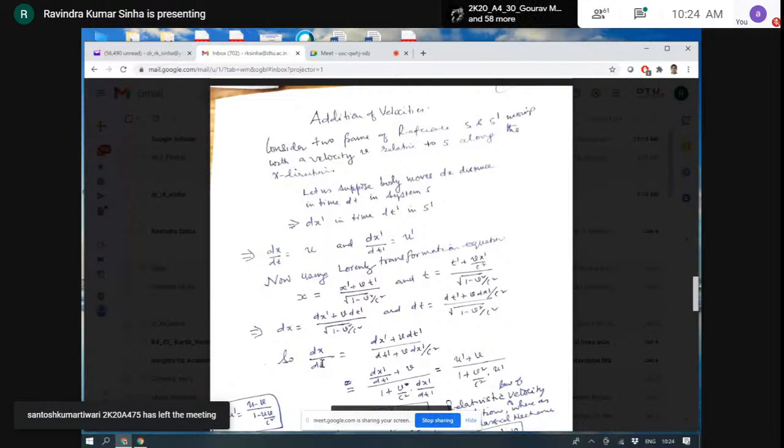Let's say in the S dash frame of reference, I'm giving you an example, a train is moving with a velocity v relative to you, and you are on the platform. In the train your friend is also moving. Your friend's velocity measured on the train is u dash, and the train is moving with velocity v.